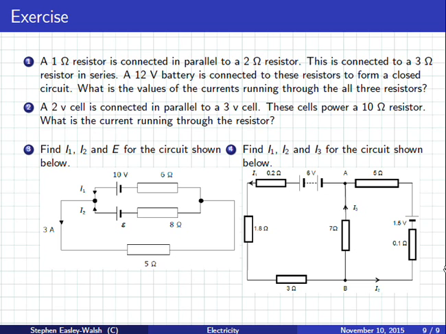The last part here is choose any three equations to solve. So which one should we use? Well, we should definitely use the junction one at the start. That was I1 plus I2 minus I3. What other one should we use? I suppose it doesn't really matter. This one has I1 and I2 in it.